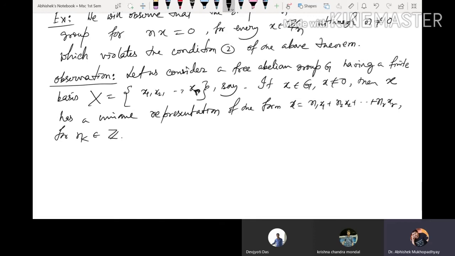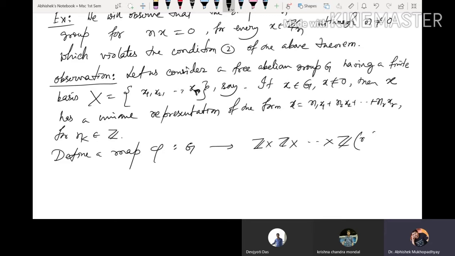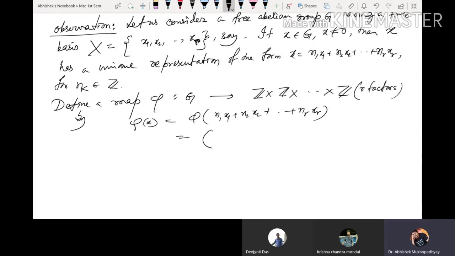Now due to this unique representation, you can set up a map phi from G to Z cross Z cross Z up to r factors by the rule: phi of n1x1 + n2x2 + ... + nrxr is (n1, n2, ..., nr).